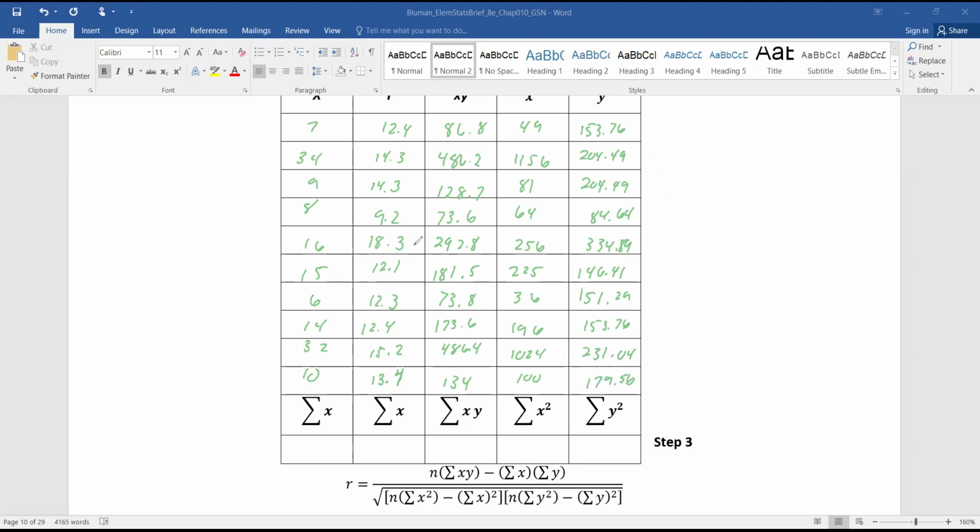All right, so that's all the numbers that the calculator just gave us. And then it also gave us the sums.